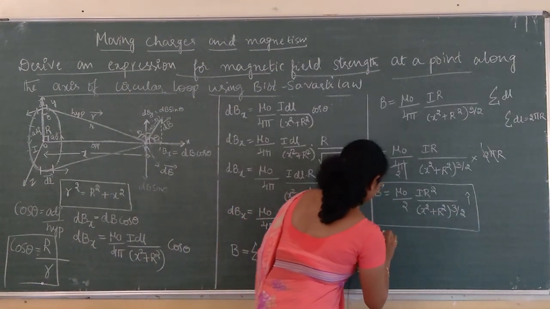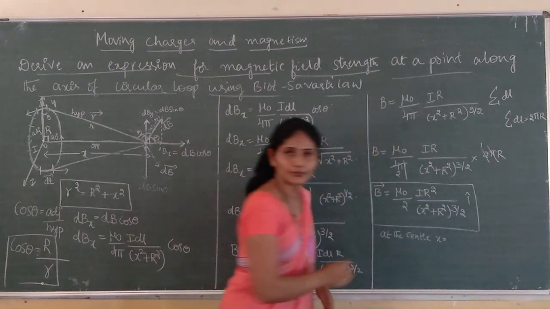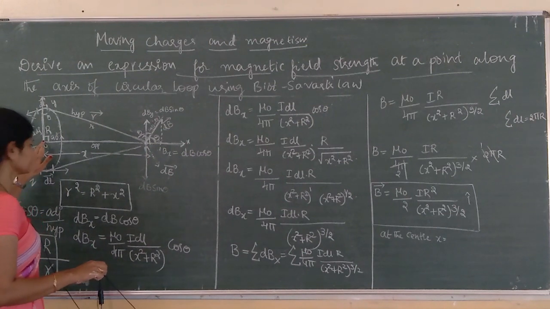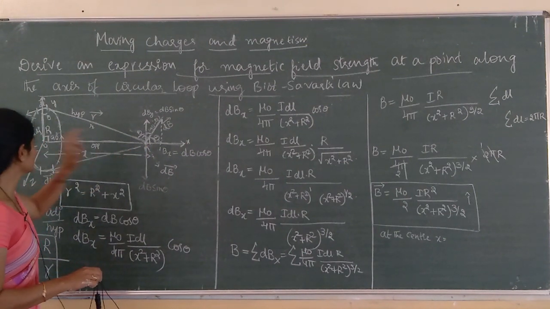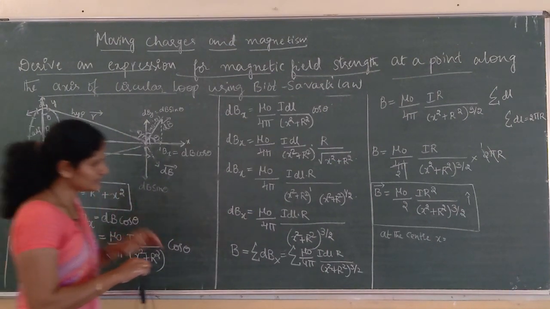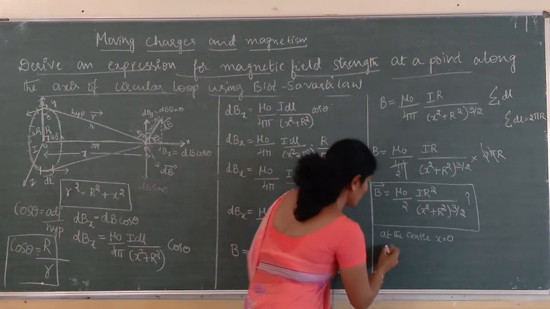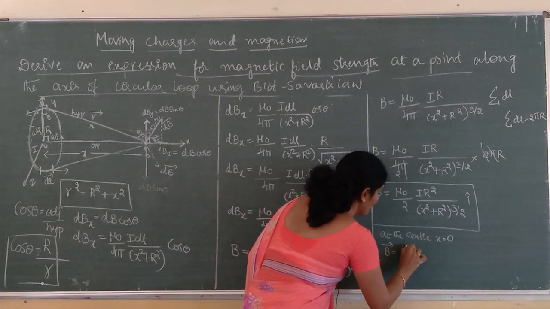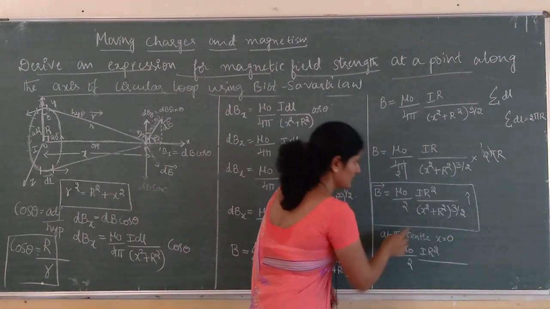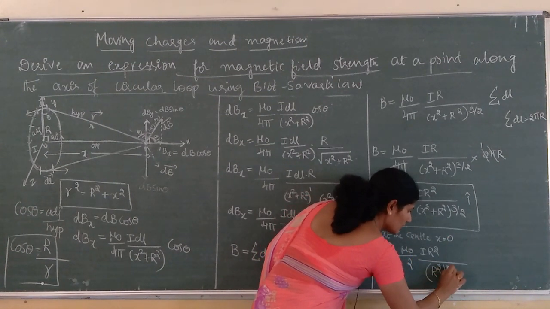At the center of the loop, if I consider a point P here, just imagine that this point is here, that means x is 0, right. So x is equal to 0 at the center of the circular loop. So B vector is equal to mu naught by 2 I r square divided by x is 0, so 0 plus r square is r square to the power 3 by 2.